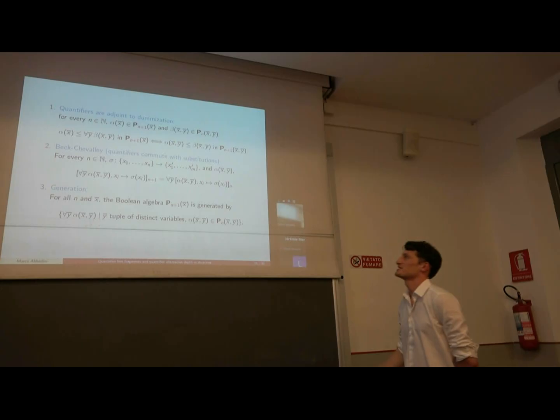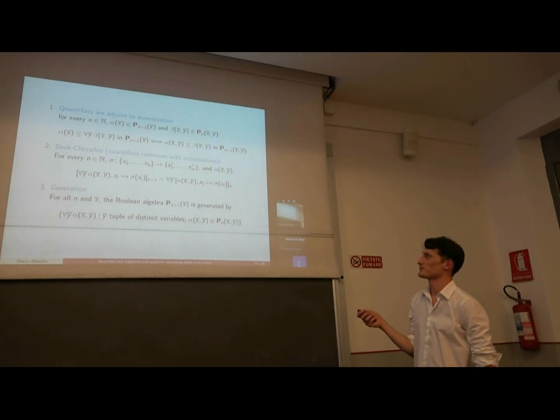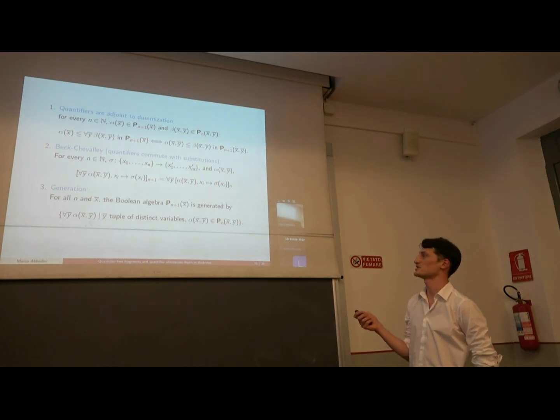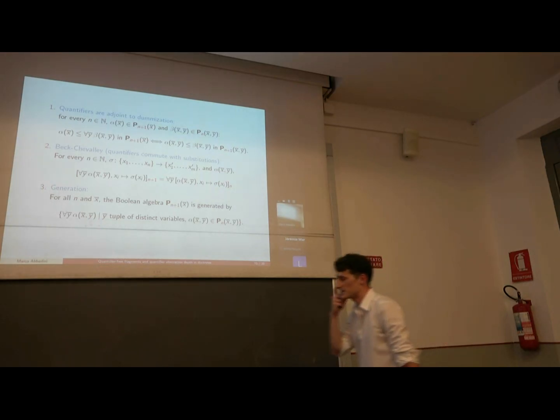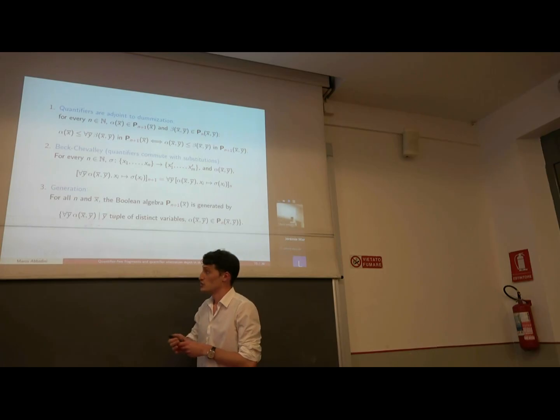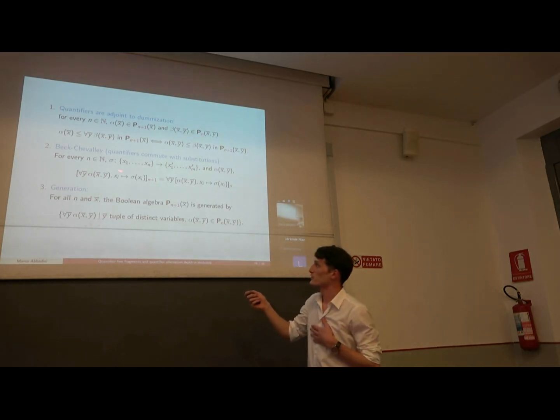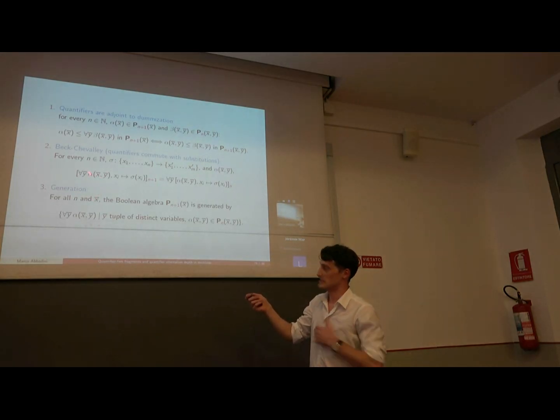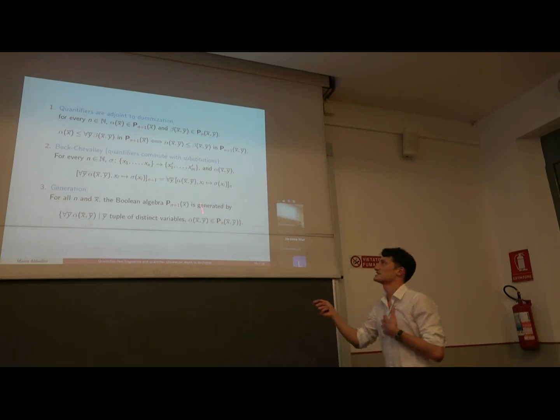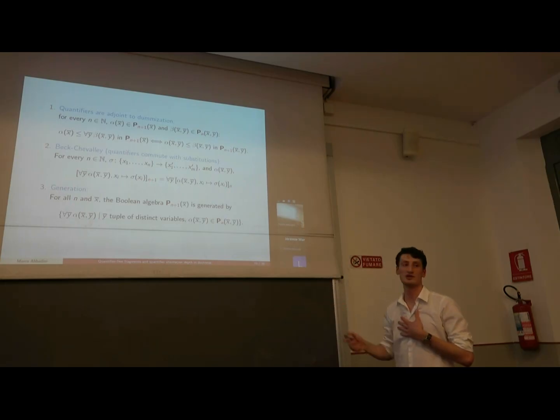And then we have this Beck-Chevalley condition, which means that again we have a commutation between quantifiers and substitution. I'm quantifying and then substituting at level n plus 1. This is the same thing as substituting at level n and then quantifying.